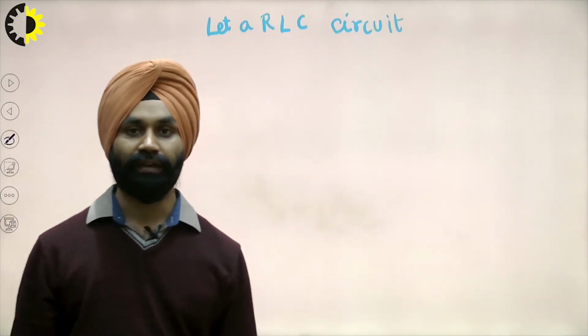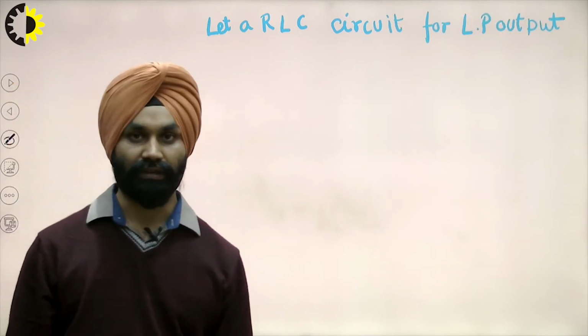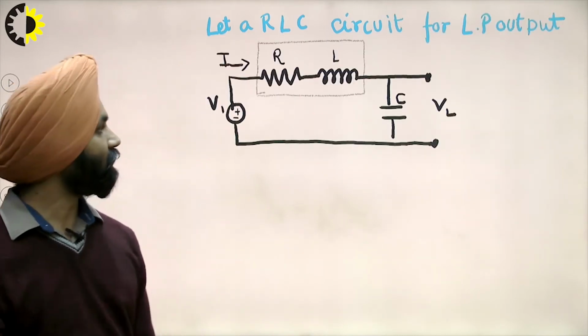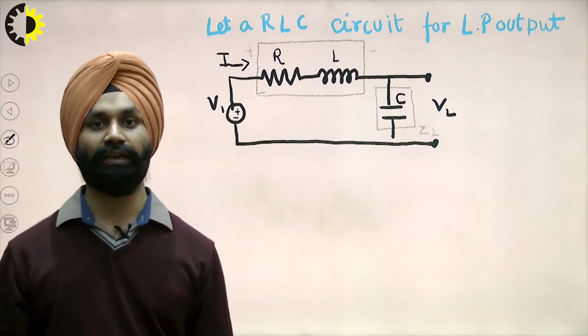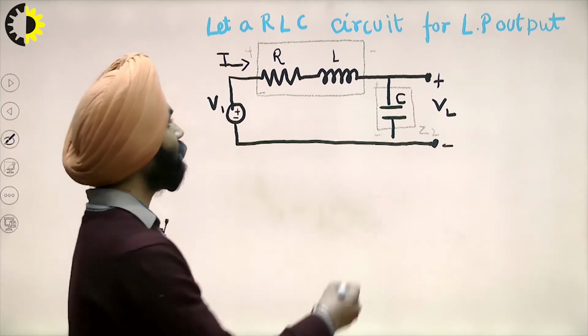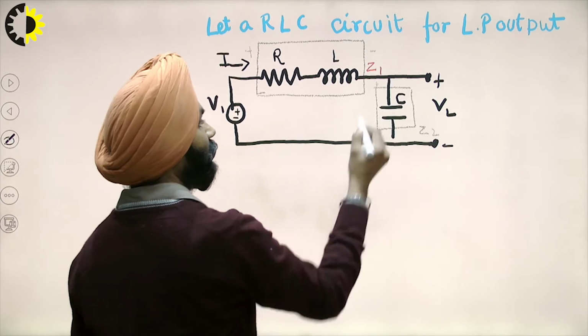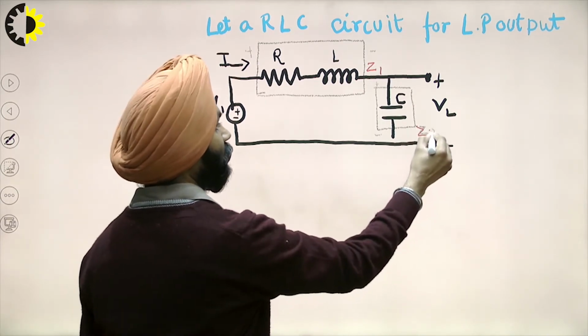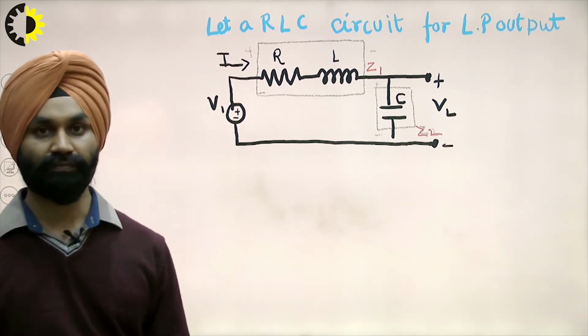For this equation, let us suppose we have an RLC circuit, which is a passive circuit. Then we can draw it like this. Let us suppose Z1 and Z2 are given by R and L as Z1, and C as Z2.